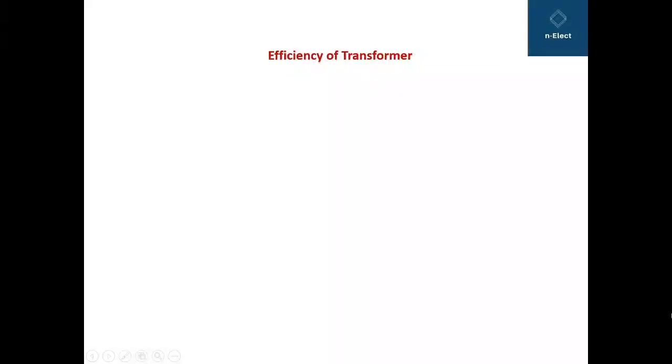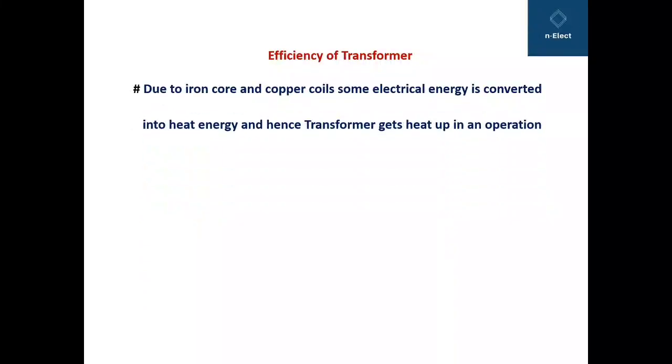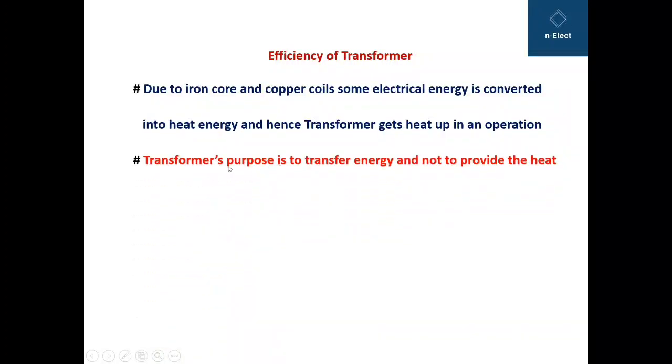Efficiency of the transformer, that is how efficiently it works, is measured by the efficiency. Due to the iron core and copper coils, some electrical energy gets converted into heat energy, and hence the transformer heats up in operation, and this heat which is produced is actually the loss of energy. But the transformer's purpose is to transfer energy and not to provide heat.